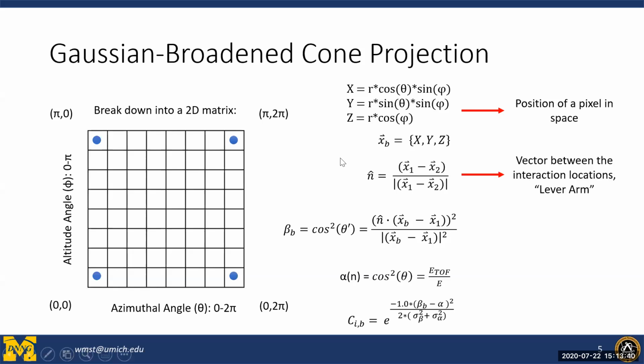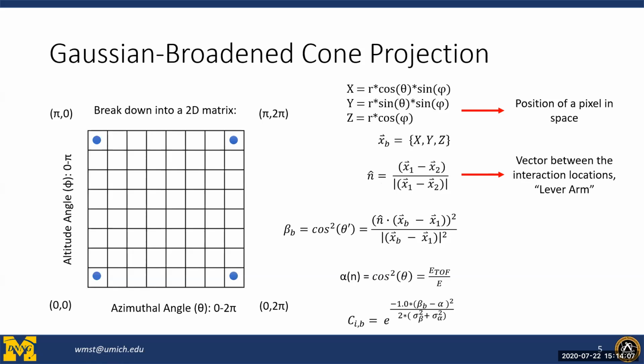You can see x sub b here. We can then put each one of these positions as a given point in space that has some x, y, and z. The next step is to look at what is the lever arm. This is the vector between our first interaction and our second interaction in the 2 detectors.